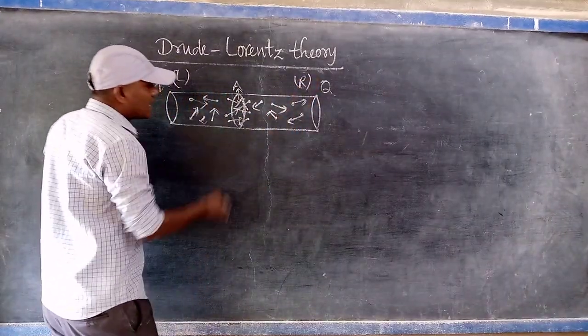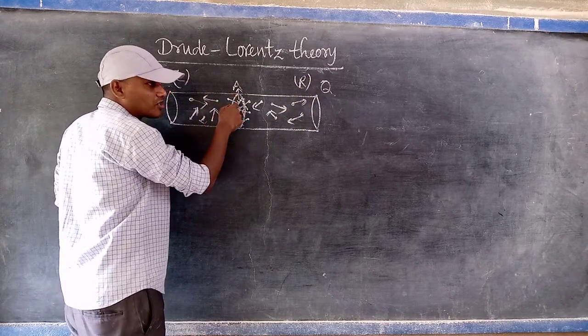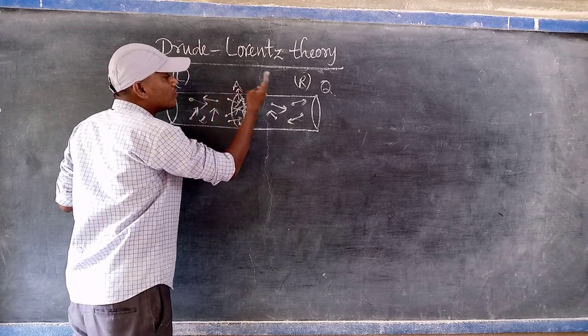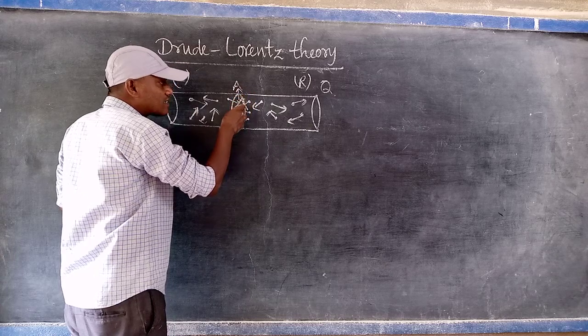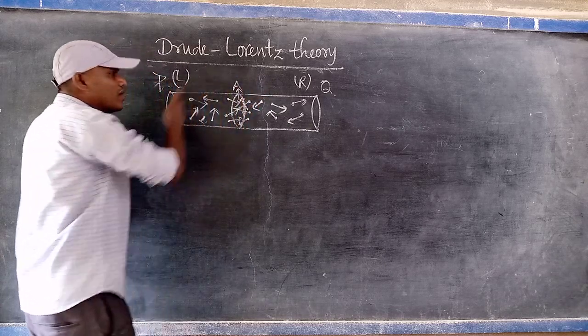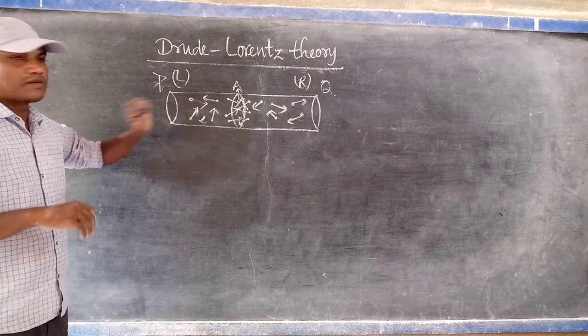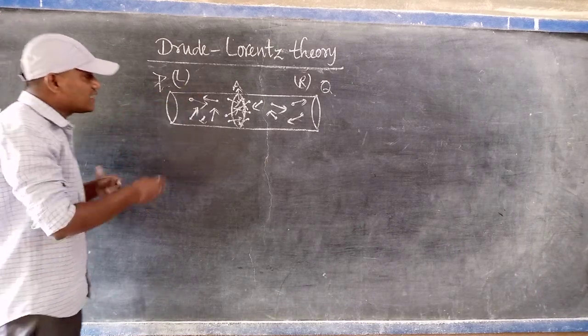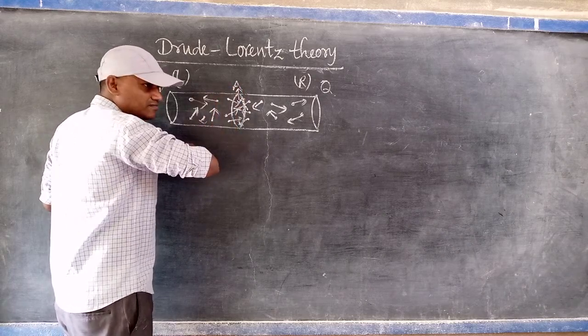The number of electrons at this area of cross section moving from left to right is nearly equal to the number of electrons moving from right to left, based on their random motion. Most probably this happens.